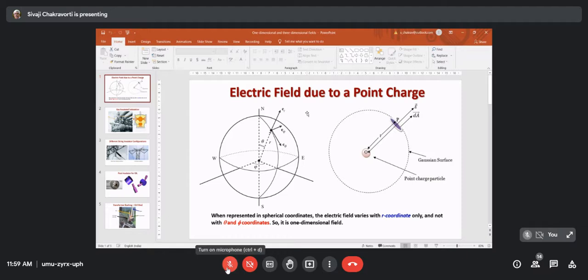Can you tell me? No, I'm coming to that, but before that, I'm talking about the spherical coordinate system. If I keep the origin constant and I rotate R, what is the geometry you are getting? Sir, a cone. No, why?